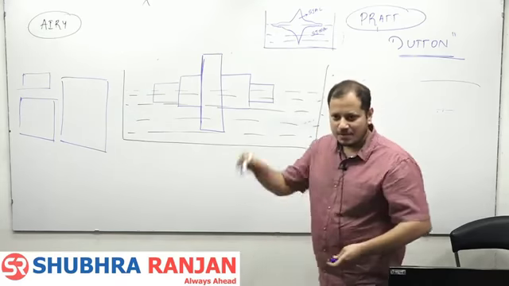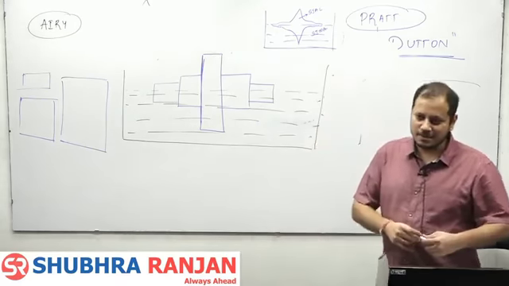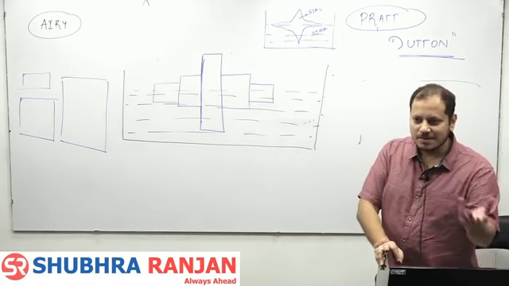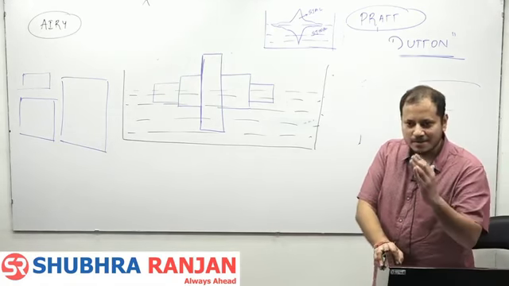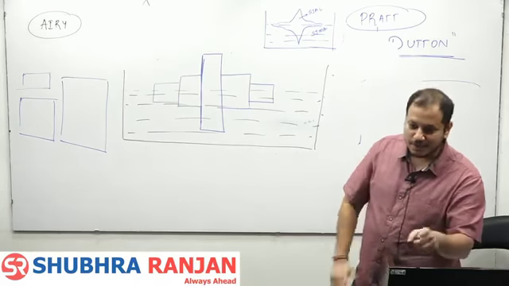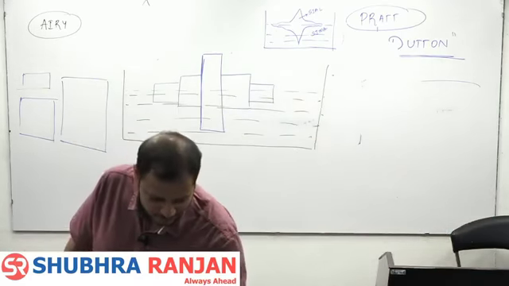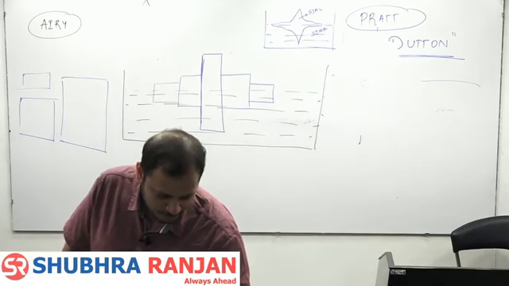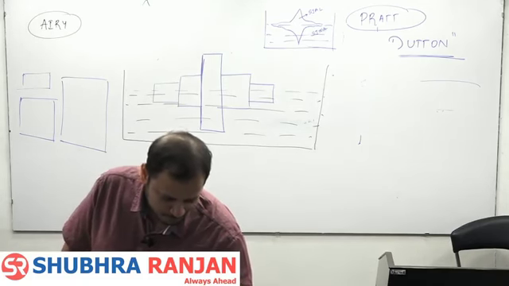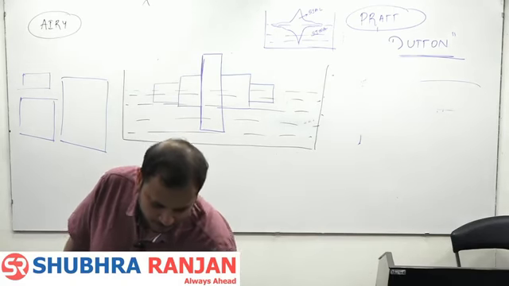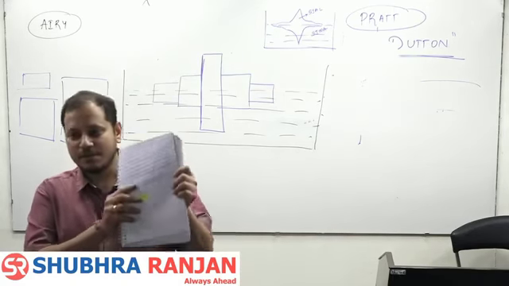That is, higher the mountain, deeper is the root. That is, they are floating. Fine? And if you look at the first, show me the first Sial-Sima diagram in our notes. We have drawn the same thing.